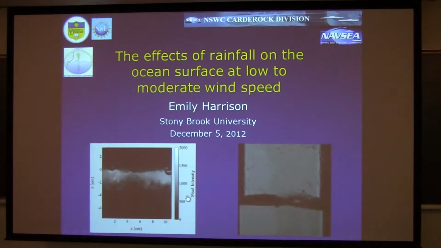On the left is a second video, this time rain falling on a saltwater surface where the rain has been dyed with fluorescent dye. This video is shot from below, also shown in slower speed; the original video was at about 7.5 hertz, and it's playing back at 5.